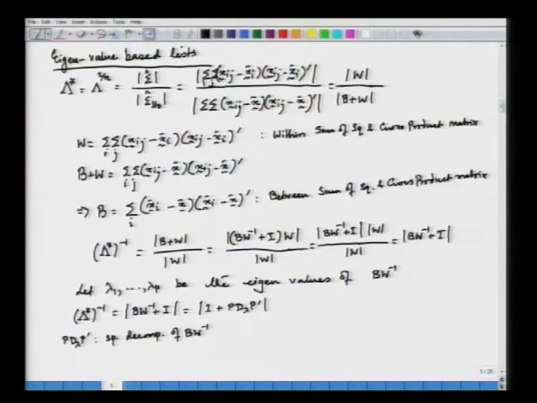Okay. So, again we can handle this by considering the determinant of I plus P d lambda P transpose, because we have P as an orthogonal matrix.